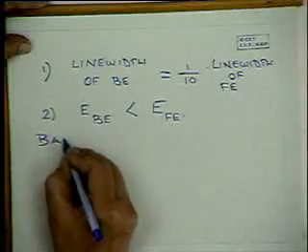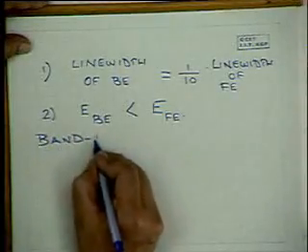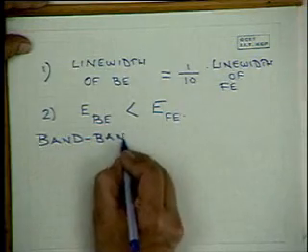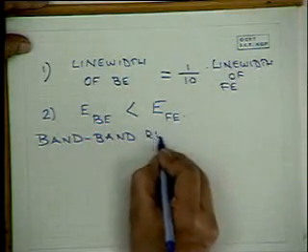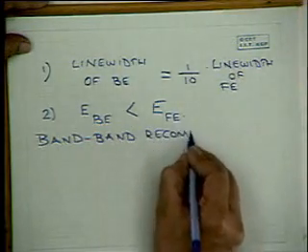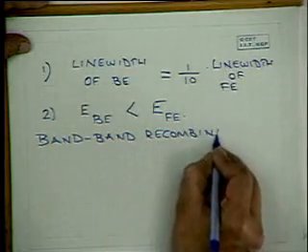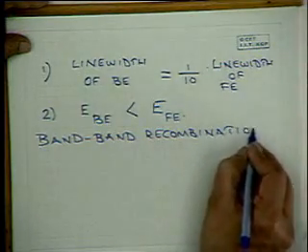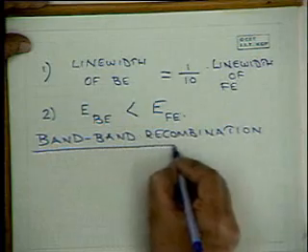So in that case, we have band-to-band recombination. Free electrons combining with free holes.